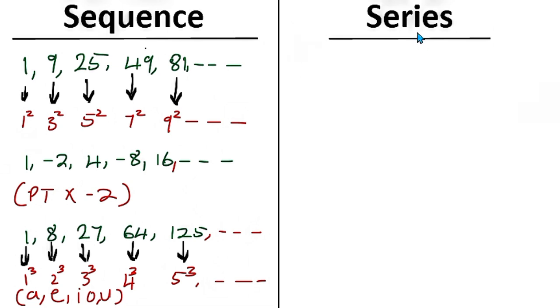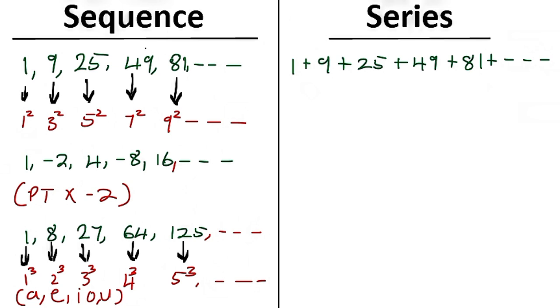Now let's look at series. In a series, we are basically going to sum the terms in a sequence. So series are formed when the terms in a sequence are summed up. For example, these are the terms in the sequence, so this will be 1 plus 9 plus 25 plus 49 plus 81 plus, and it goes on.